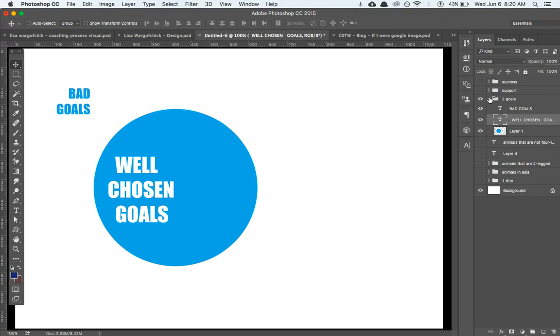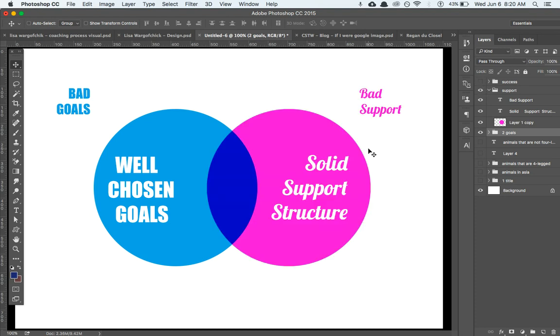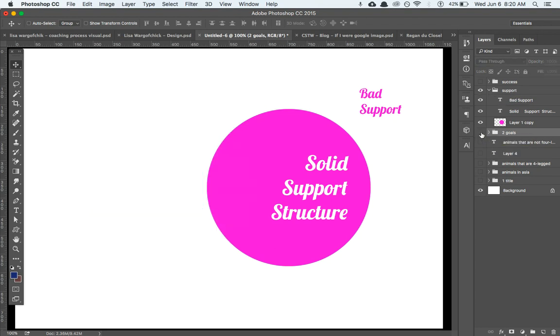And the other success factor that we're using is support. So as you work on your goals, you can have good support and bad support. Inside good support, maybe you have good teachers in life. Maybe you have good parents who made you do your homework.